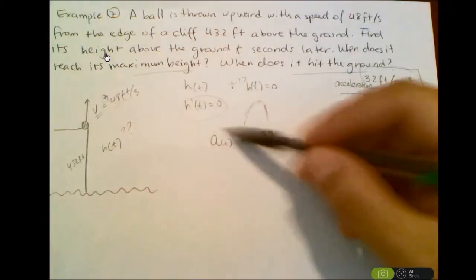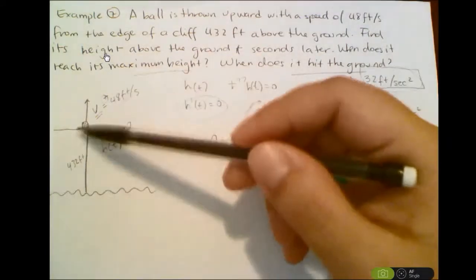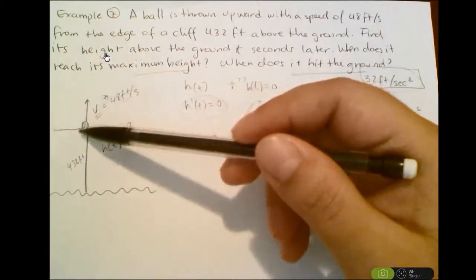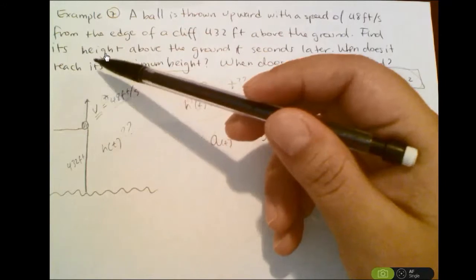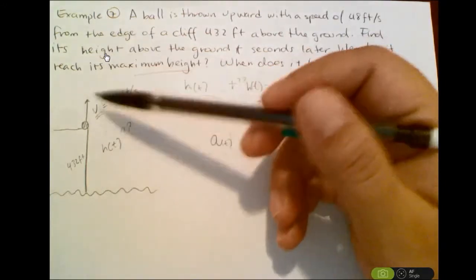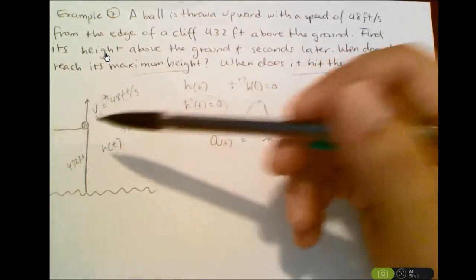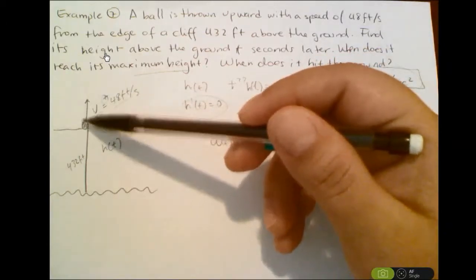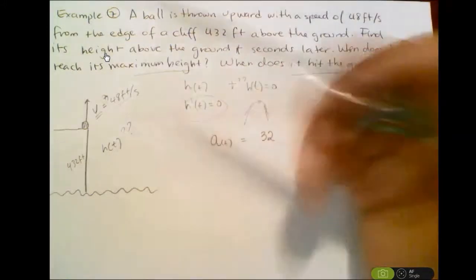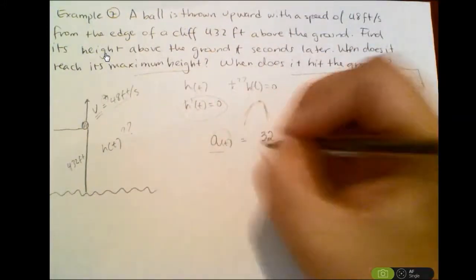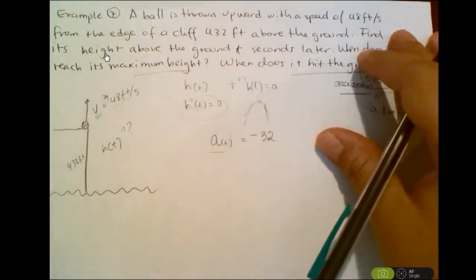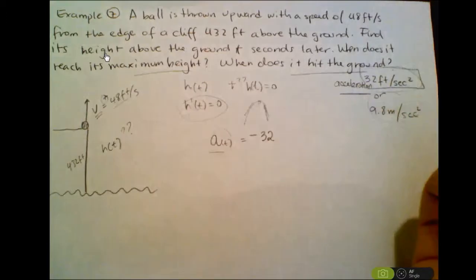However, the acceleration is not making this ball go faster; it's making it go slower until the velocity is 0, and then it starts falling. So this acceleration is working against the ball, keeping it from going up into outer space, and bringing it back down to Earth. So the acceleration here is negative 32 rather than positive 32, and this is constant.